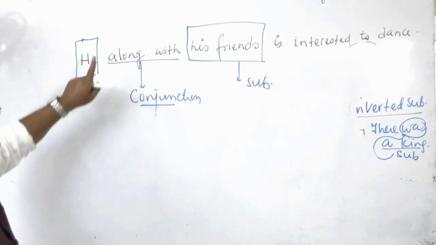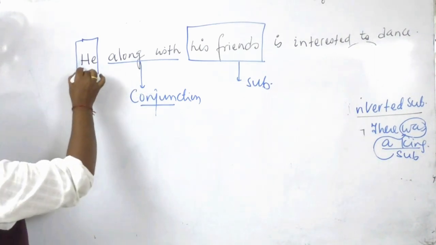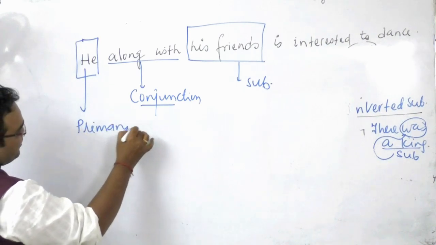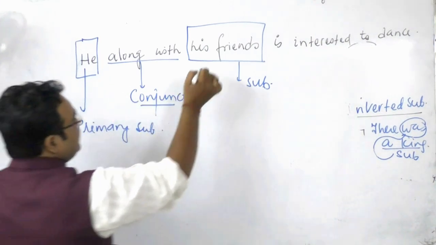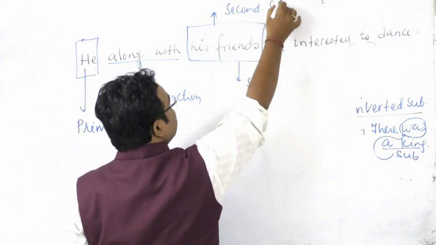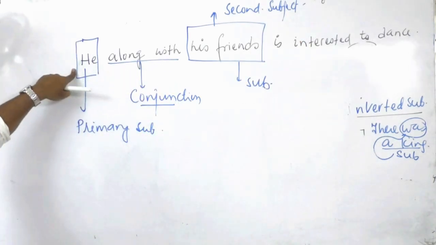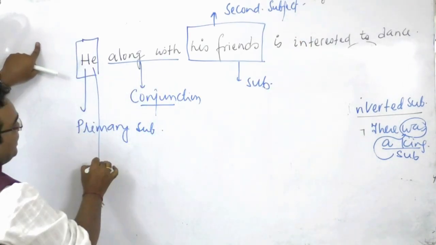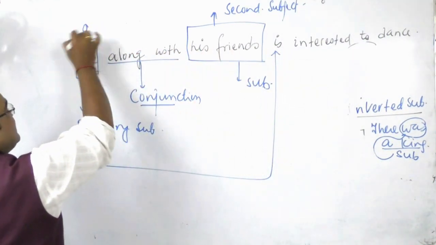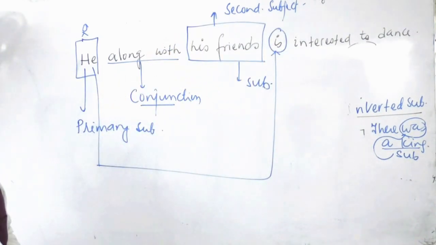And obviously it is not and, neither nor or either or, so in that case he becomes your primary subject and his friends becomes your secondary subject. Alright, so in that case the agreement will always be done with the primary subject, and since the primary subject is singular, this is also singular. So now this sentence is right.